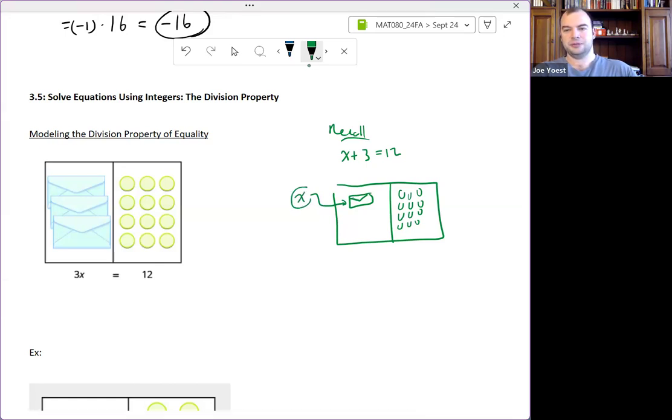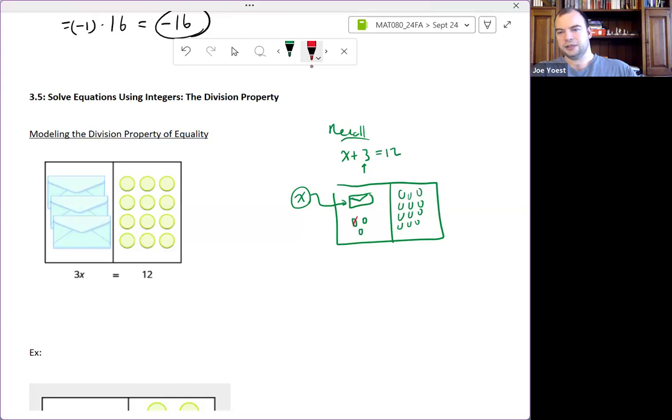I say that there are X counters in there. I just give it a name, a variable name. I'm not really sure what X is. And I have 3 extra counters on the left side from the plus 3.